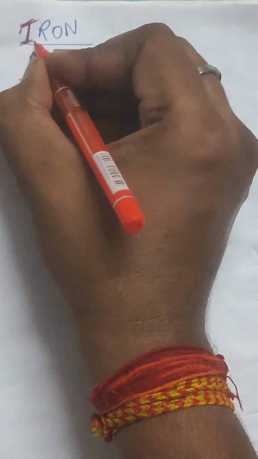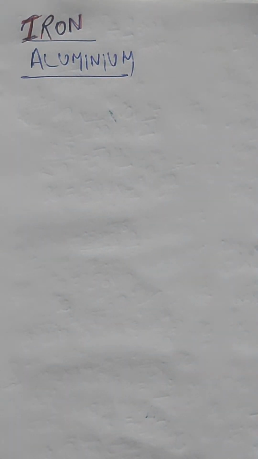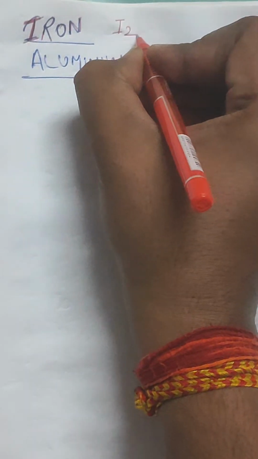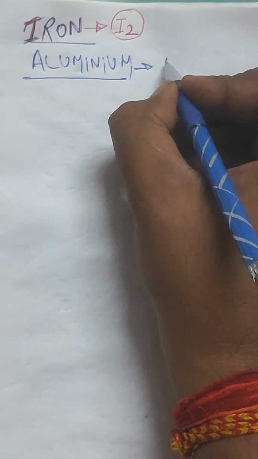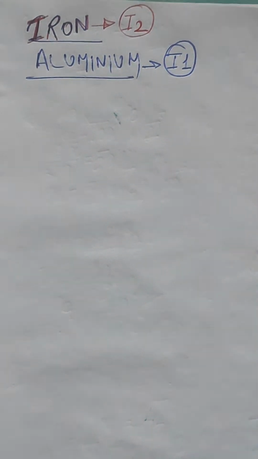We need to understand that if I1 and I2 are the moments of inertia of these two bodies of identical geometrical shape, and this is iron, the moment of inertia for iron is I2, and for aluminium it's given as I1. So these are the two moments of inertia given to us.